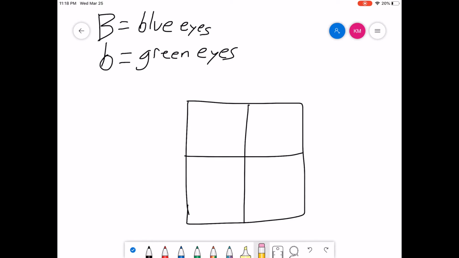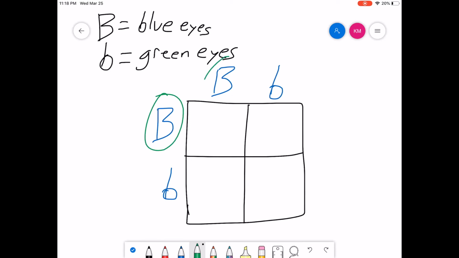So in this instance, we can illustrate here on the top, we have a heterozygous individual. Here on the bottom, we have their mating partner being also a heterozygous individual.